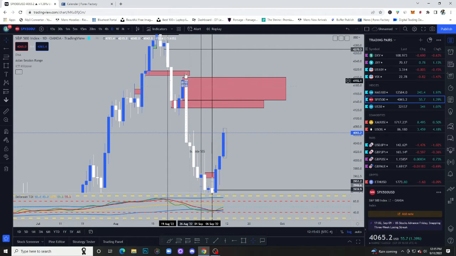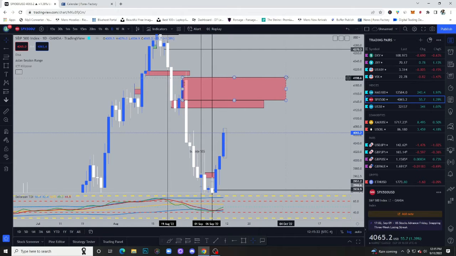I'm anticipating price to possibly come into this level and make a small rally down, and also make a small rally here and head up higher, and to dig into this bearish order block and possibly head lower. This is also a fair value gap right here.